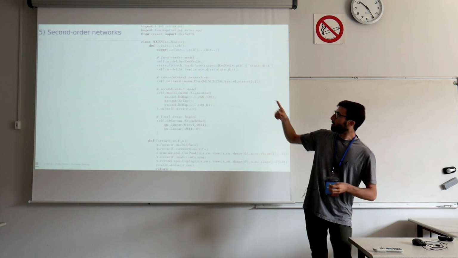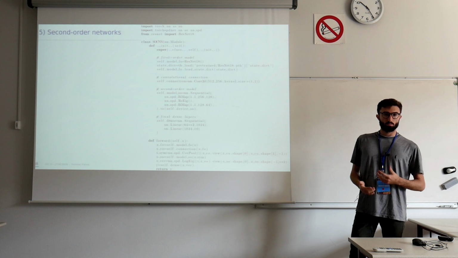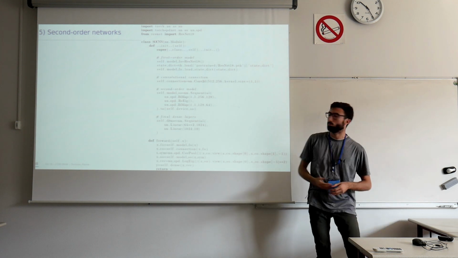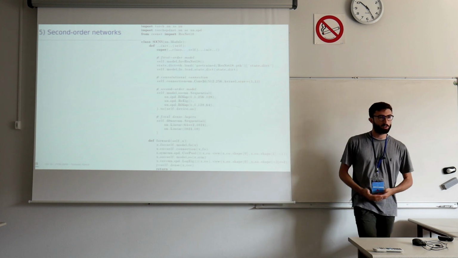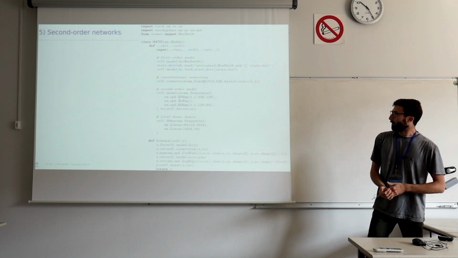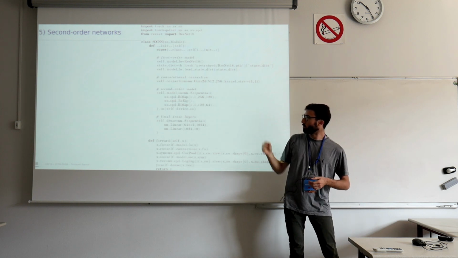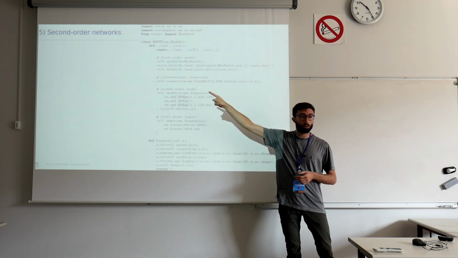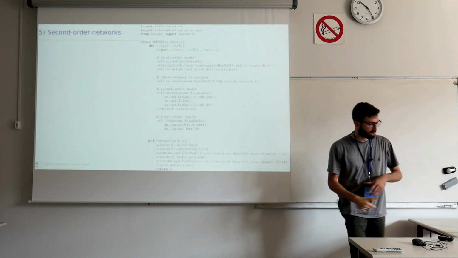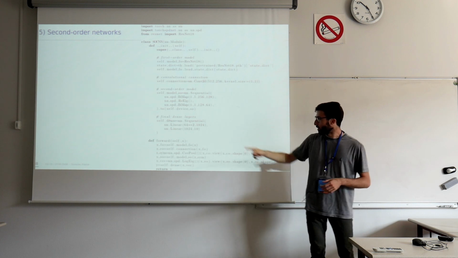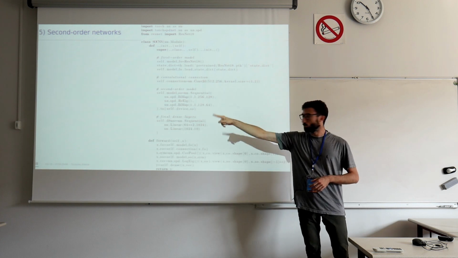So the class here is SOCNN, so second order convolutional neural network. So we have a first order model, so you can download your favorite CNN from the internet. You have an optional connection here, but then you have the second order model, so we have the bilinear mappings, rectified eigenvalues, etc. You can do what you want. The covariance pooling is down here in the forward pass, a few dense layers.